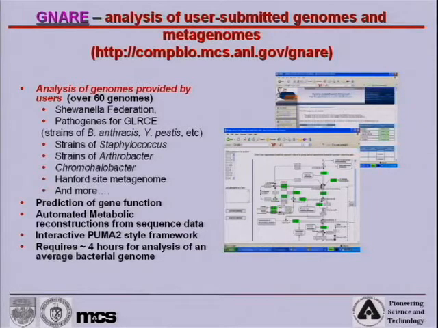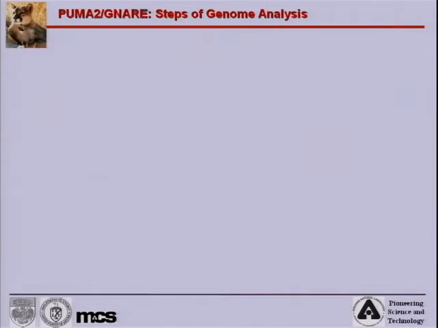So far we have, without any publication yet, we didn't even publish the paper, but we already have quite a few users. We have Yersinia pestis and Haemophilus influenzae, 30 strains of Haemophilus influenzae, and the Shewanella Federation from DOE is using us. We can process and fully analyze, and I will tell you what it means to analyze, a bacterial genome in 4 hours, and it performs the analysis and displays the results.